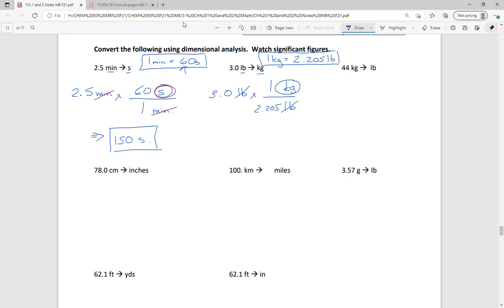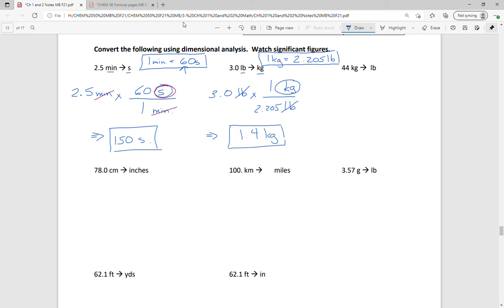If it's on the top, I multiply. If it's on the bottom, I divide. You can multiply by 1 and divide by 1, but I would see this as 3.0 divided by 2.205. Multiplying and dividing by 1 doesn't change anything, so that's why I've left that out. That would give me my answer, rounded to 2 sig figs, of 1.4 kilograms.